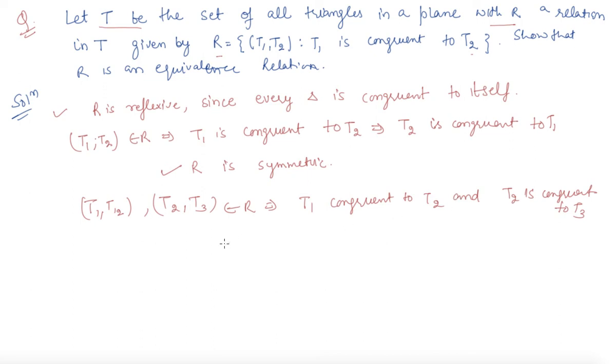So from this we can say that T1 is congruent to T3, then R is transitive. So when all these are true, we can say that this relation R is an equivalence relation.